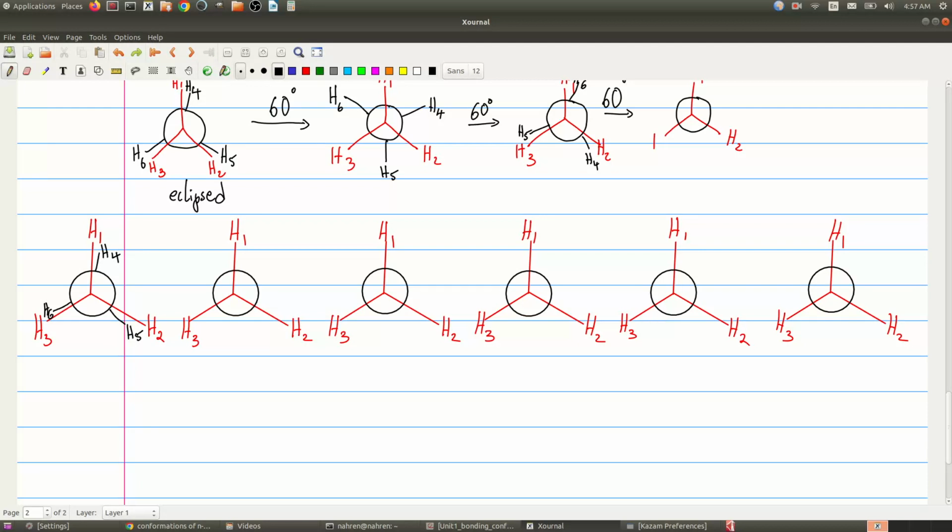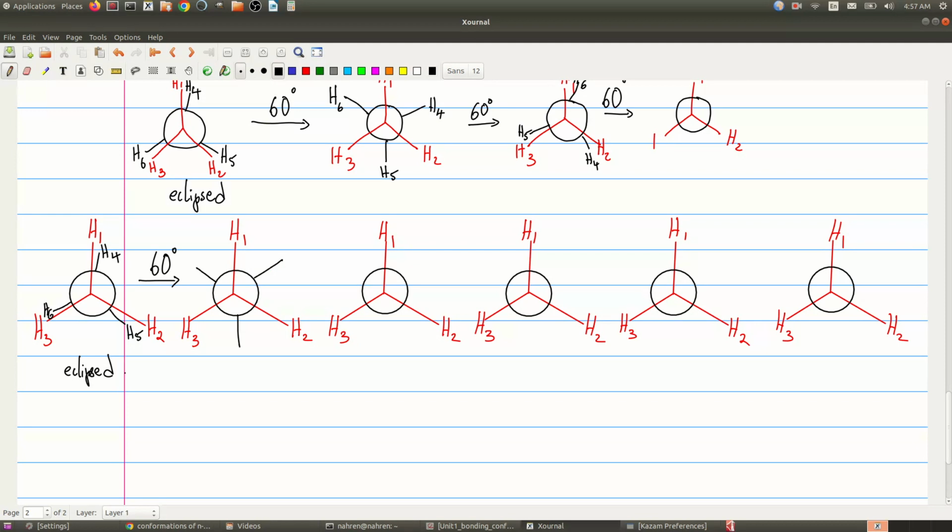The representation on the leftmost is an eclipsed conformation. Now let me fix H1, H2, H3, the hydrogens attached to the front carbon, which is colored in red, whereas I will rotate the hydrogens attached to C2, which is represented in black. We start with an eclipsed conformation, and if I rotate this by 60 degrees, you will get a staggered conformation.